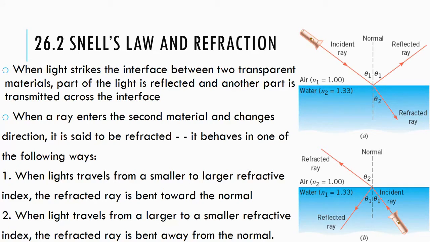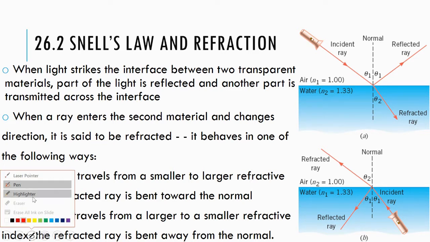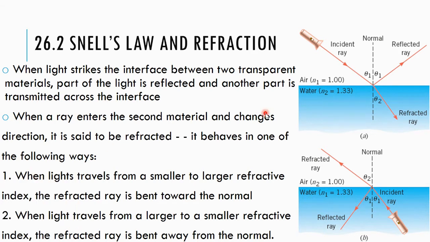Snell's Law, I know that this has a lot of information on it. Let's just take a look at the images because that's all we really need to figure this out. So we have a flashlight. Someone is shooting light at water. So we have our incident ray here.